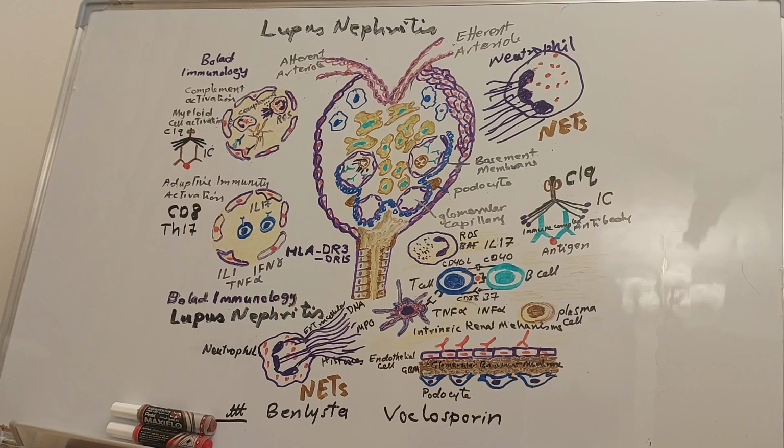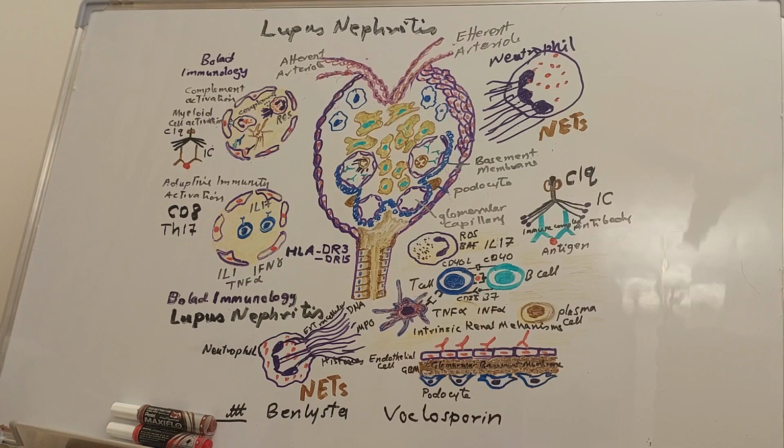Recently, some advances have been made for developing an effective treatment, and so far two effective medications have been approved by the FDA for treating nephritis, and this includes Benlysta. This is a monoclonal antibody targeting B cell survival, which down-regulates the activity of B cells, and as you know, B cells are a source of autoantibodies.